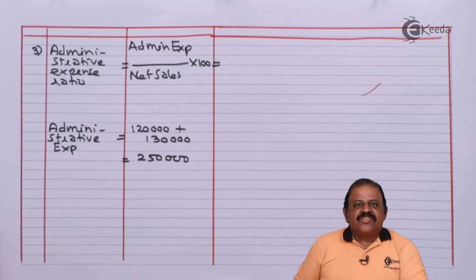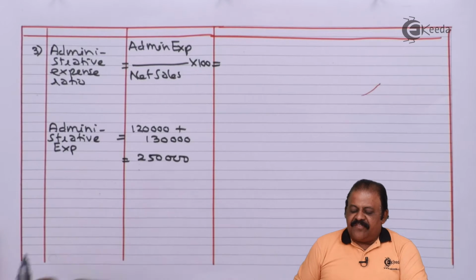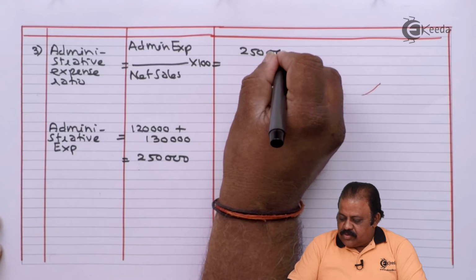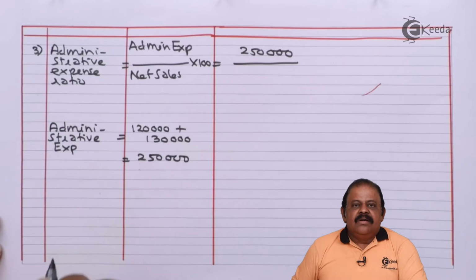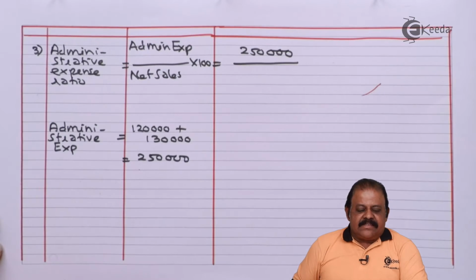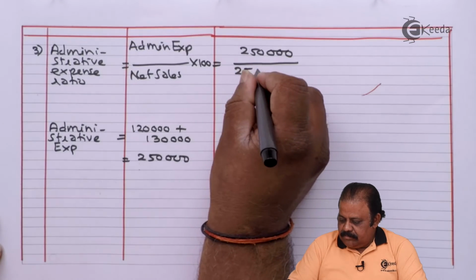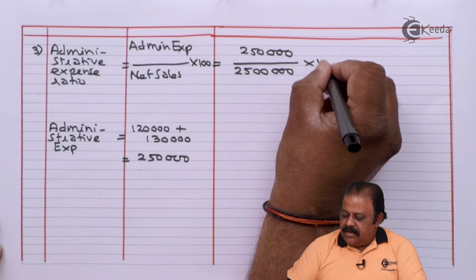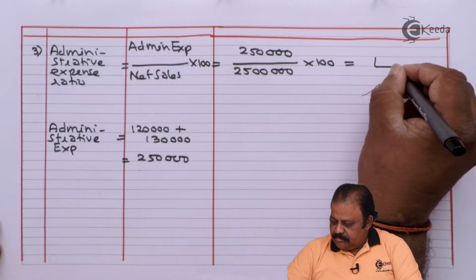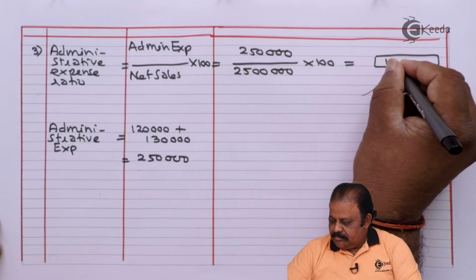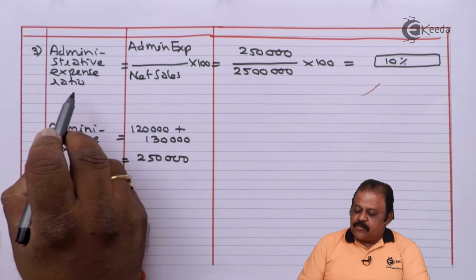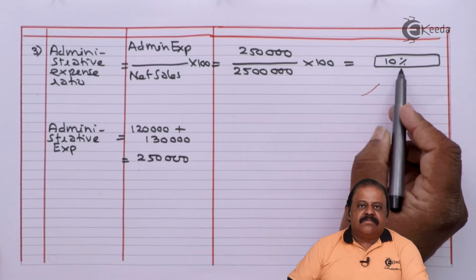So total administration expenses 2,50,000. Administration expenses 2,50,000 divided by net sales 25 lakhs multiplied by 100. So we get administrative expense ratio 10%.